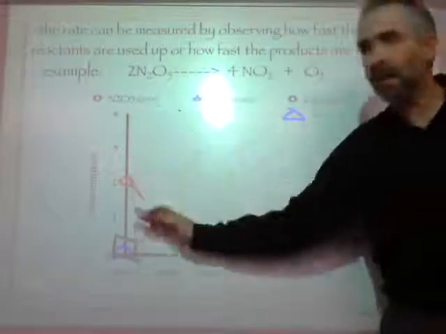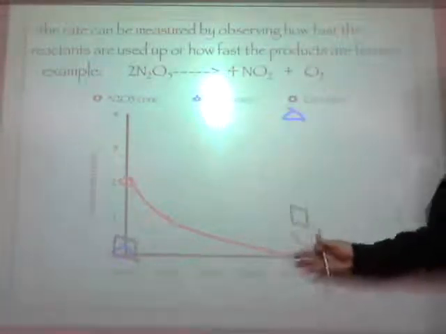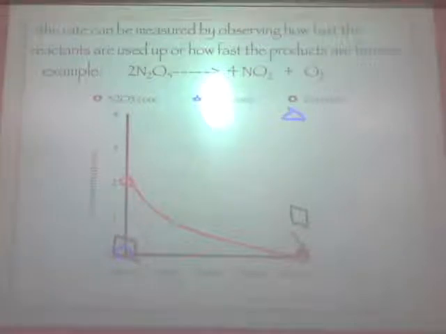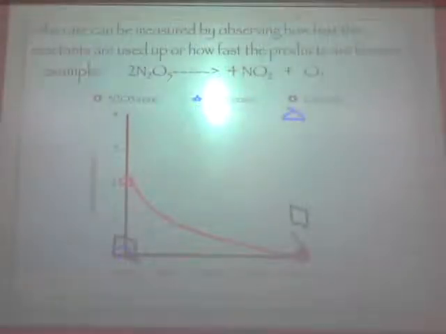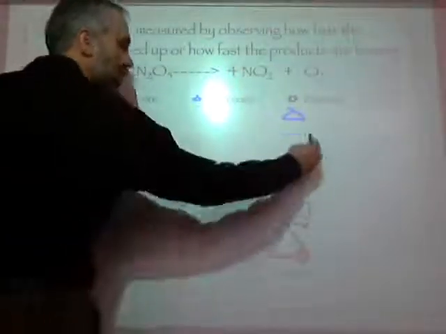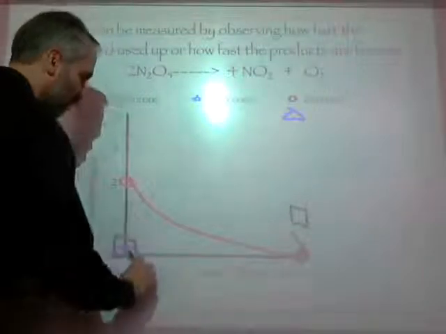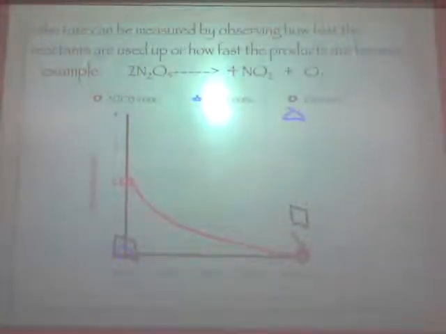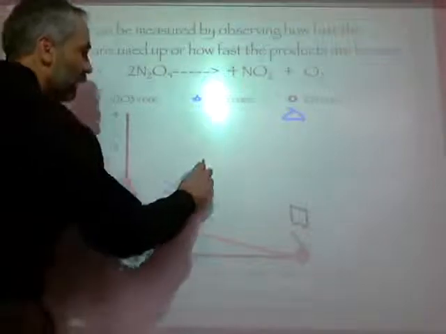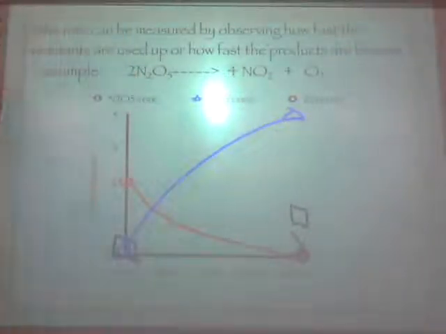I'd have to have a lot more to work it out correctly, but you get the idea of what the shape should look like. What do you think the blue one should look like? Straight, or like that? If it's reacting quickly early on, it's going to be this way. Fast at the beginning and then tails off at the end. See it?